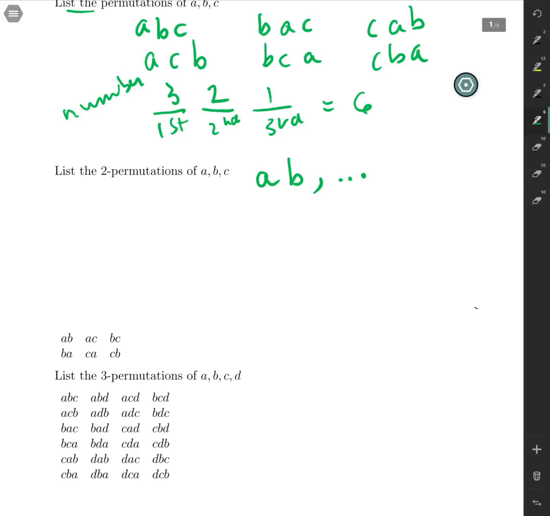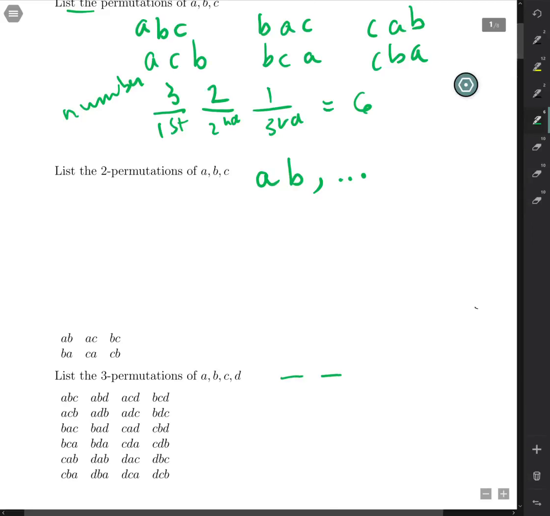If we did a slot argument, because it's 3 permutations, there are only 3 that we're taking at a time. There are 4 choices first, so that'd be a 4, and then 3 for the second and 2 for the third, giving us 24 total. And in fact, there are 24 right there.